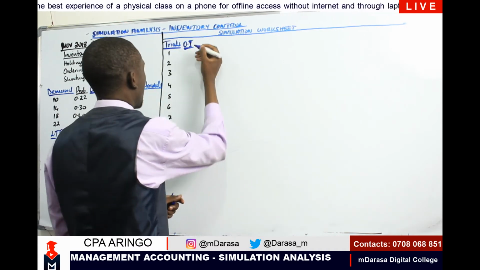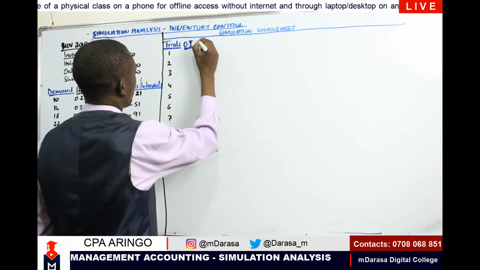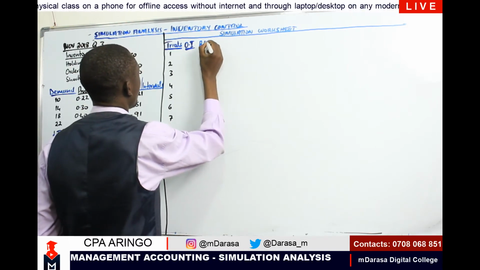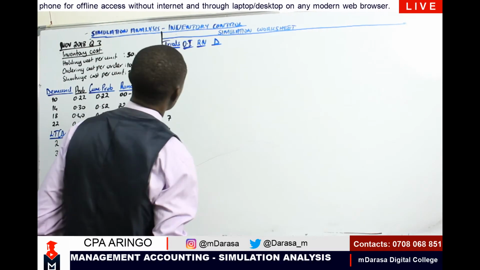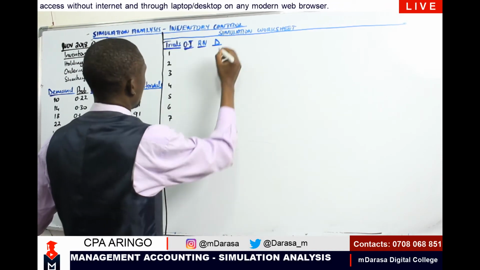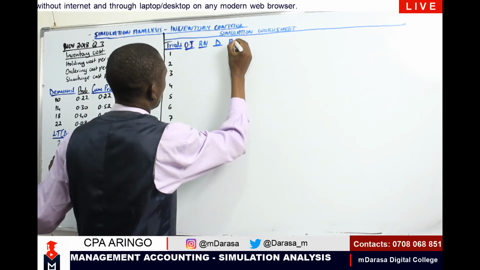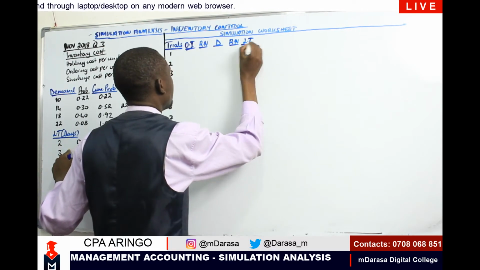So I'm having our random number. The first variable given is demand, so allow me to use D. The second variable given is lead time, so I should attach our random number to our lead time.